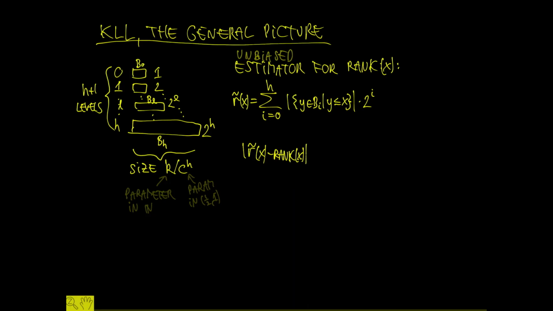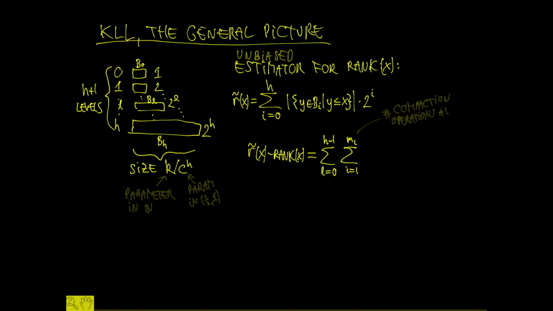Now we're interested in the difference between the estimator for the rank and the rank itself. We can express this error in terms of all the errors made in the compaction steps.